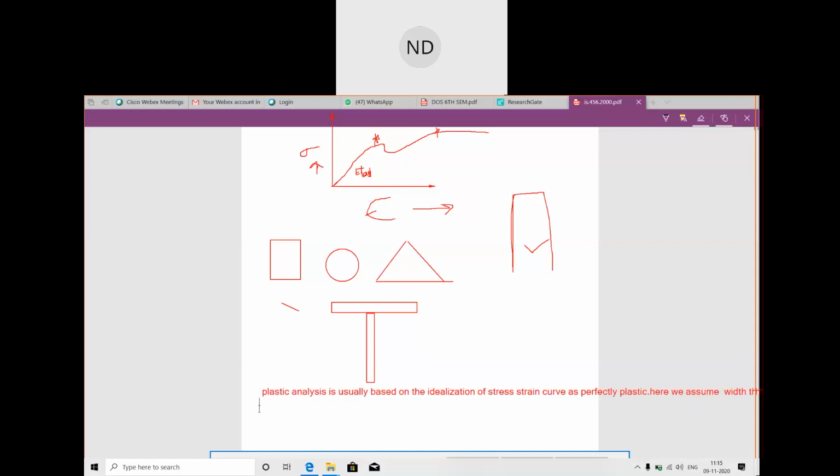Okay. So plastic analysis is usually based on the idealization of the stress strain curve as perfectly plastic.